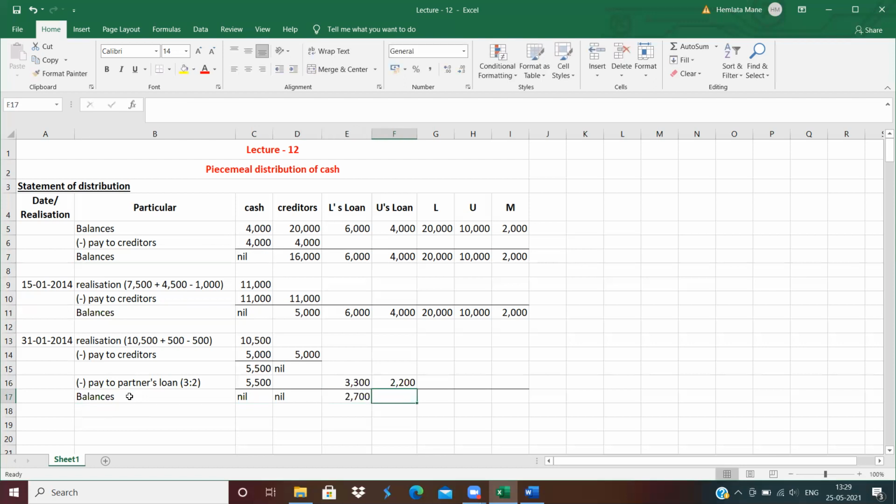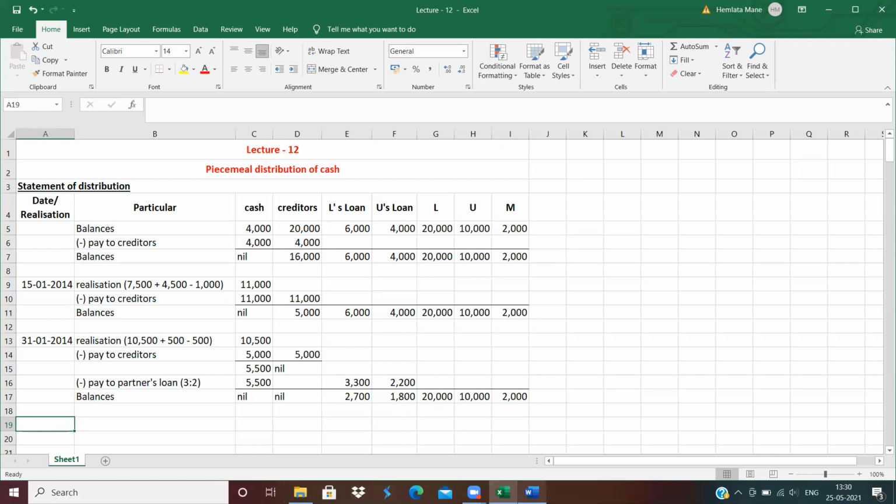Now M's loan 4,000 minus 2,200, it means 1,800. L's capital 20,000, M's capital 10,000, and N's capital 2,000. Clear? Now next realization.